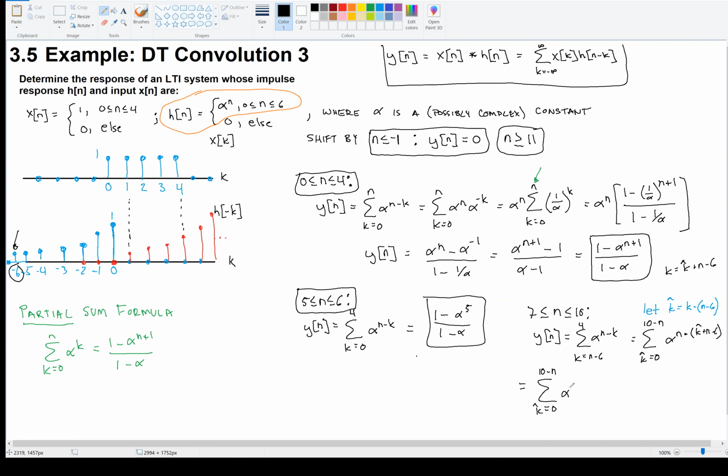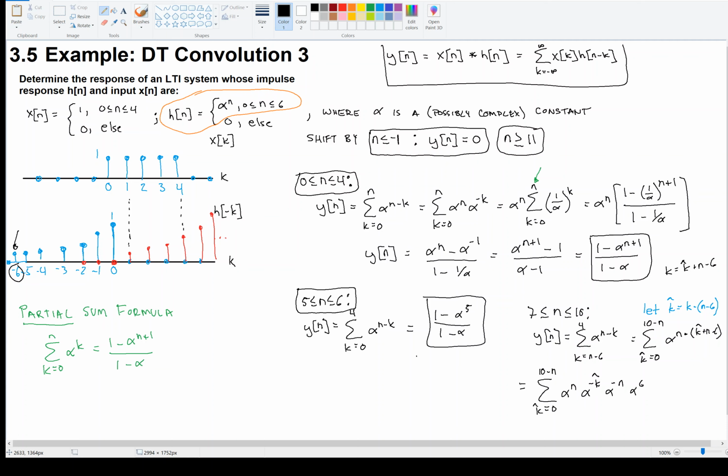I've got alpha to the n, alpha to the minus k hat, alpha to the minus n, and alpha to the 6.